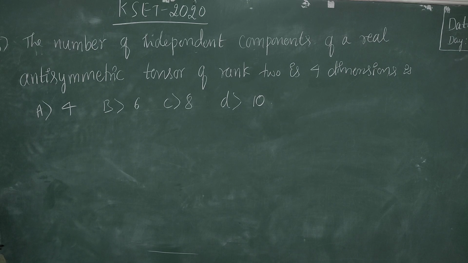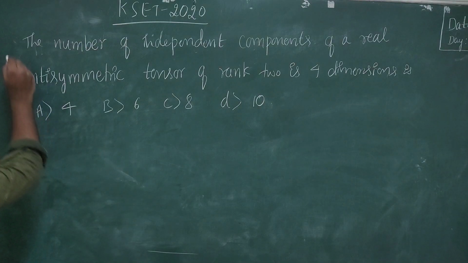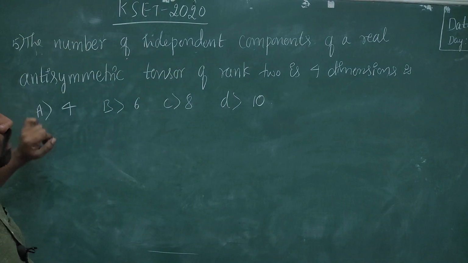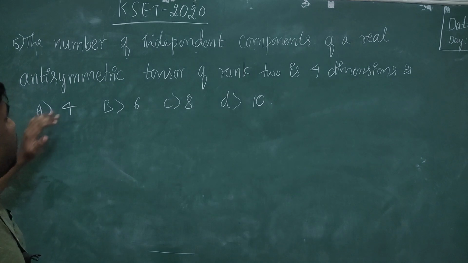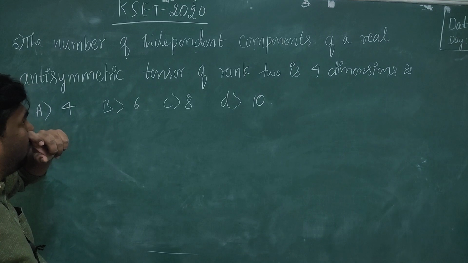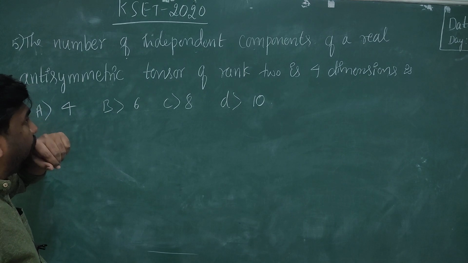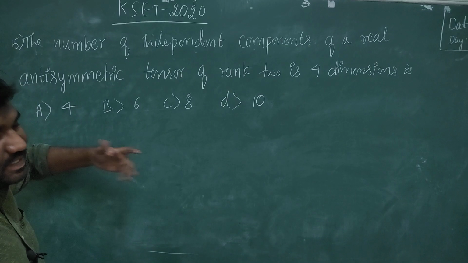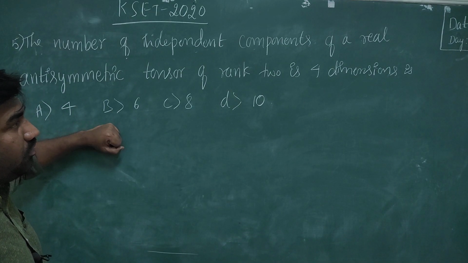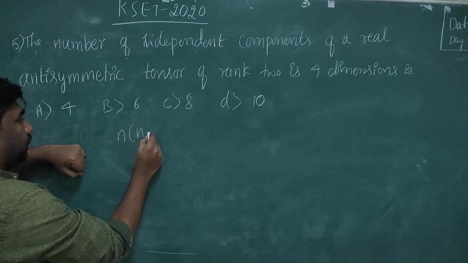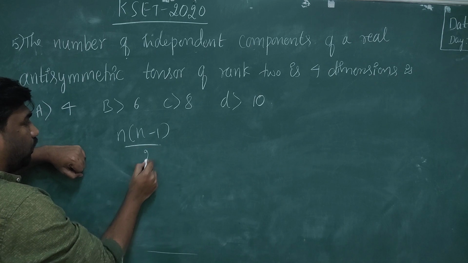So question number 5: the number of independent components of a real antisymmetric tensor of rank 2 in 4 dimensions is? Here the formula to calculate the number of independent components of an antisymmetric tensor is n into (n minus 1) by 2.